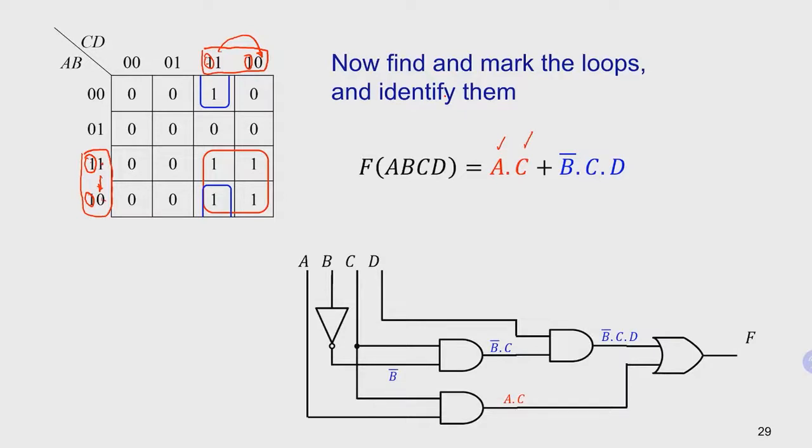Here is an example of where our K-map is wrapped around. My 1 here is actually adjacent to this one on the other side, because the edge of this side of the K-map is wrapped around to the other side. Same thing, my right is wrapped to the left, and the top is wrapped to the bottom. So this one is adjacent to this one, so we can draw a loop there.